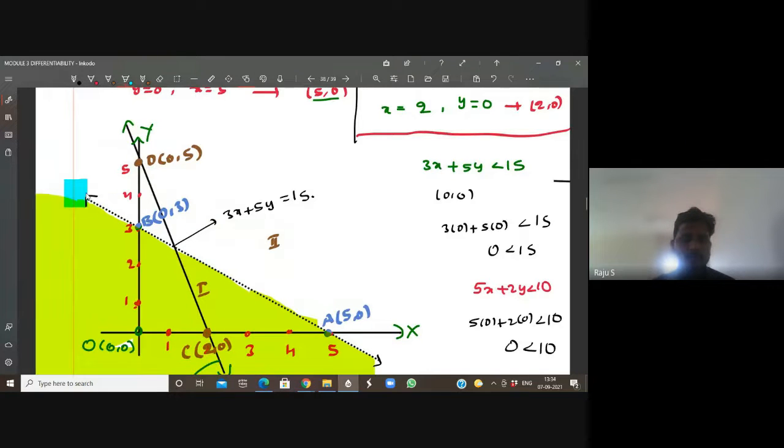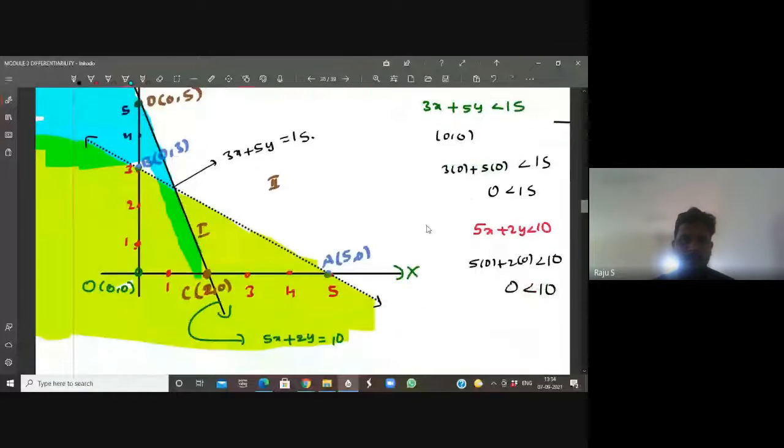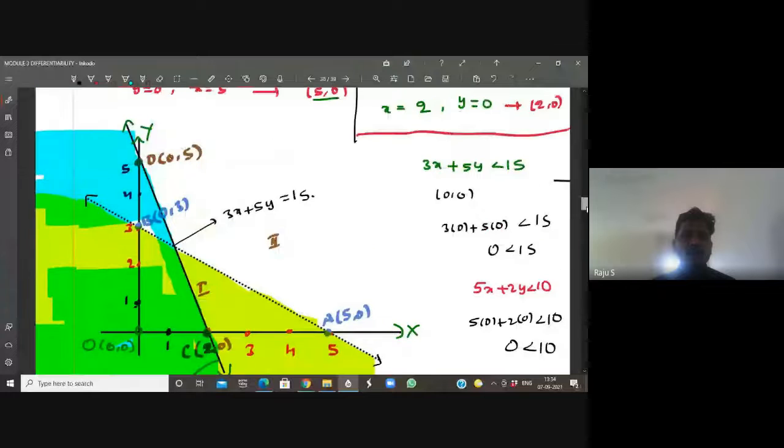No need to draw, you can particularly draw like that.